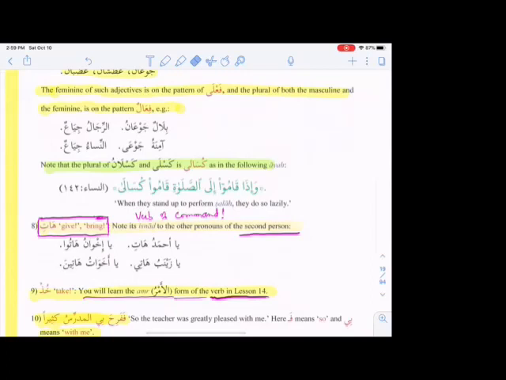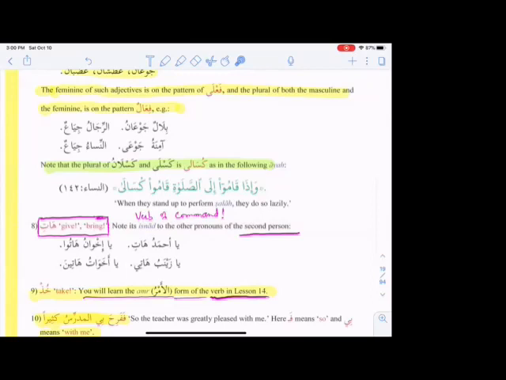Hati means give or bring. Okay, my brothers and sisters. Now, this is a verb of command, which we are not learning now, because Dr. Abdurrahim says it is not applied to the other pronouns of the second person. There are 14 pronouns. Each pronoun is attributed to the verb.